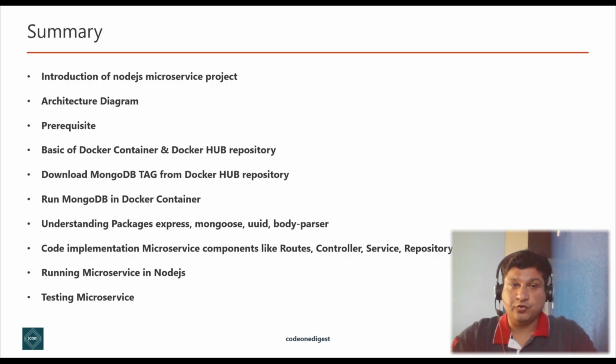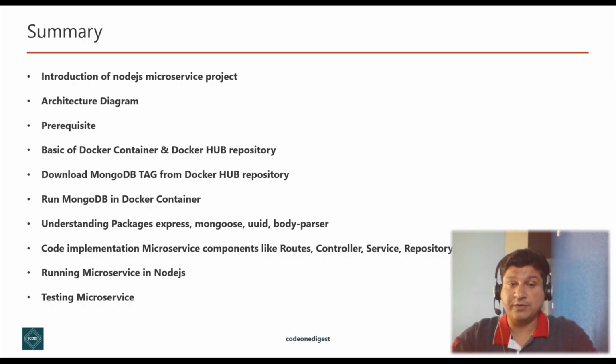Then I showed you how to download a MongoDB image from the Docker Hub repository, and how to run that MongoDB image in a Docker container. Then I explained the node modules that we have used in this project, like Express, Mongoose, body parser, etc.